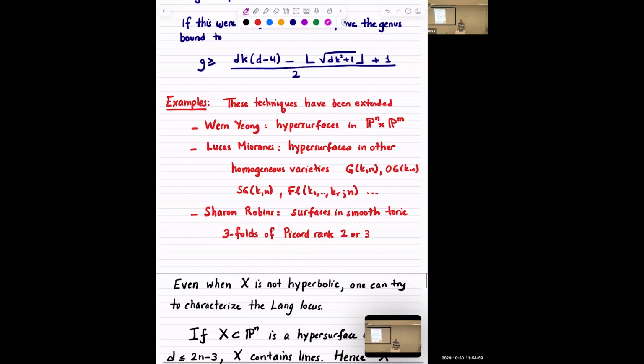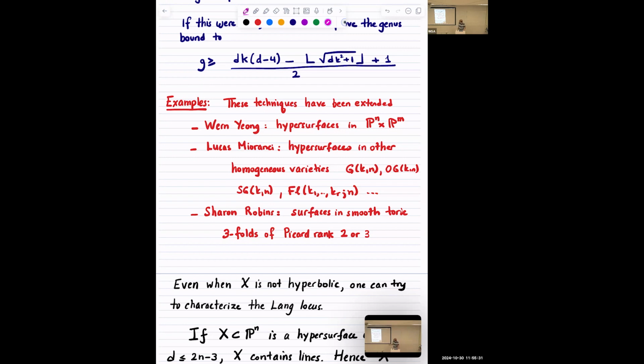Let me make a few remarks. There has been a lot of work recently by young or early career mathematicians. Wern Young, a student of Eric Riedl, studied hypersurfaces in Pn cross Pm using similar techniques, and she gave a complete characterization of for which degrees you have hypersurfaces that are algebraically hyperbolic, except in the case P1 cross P3.